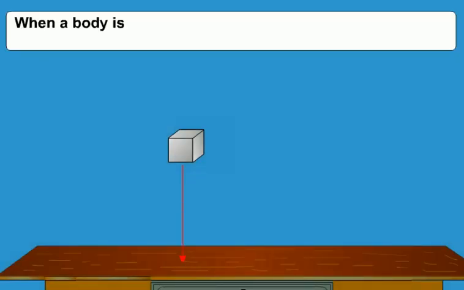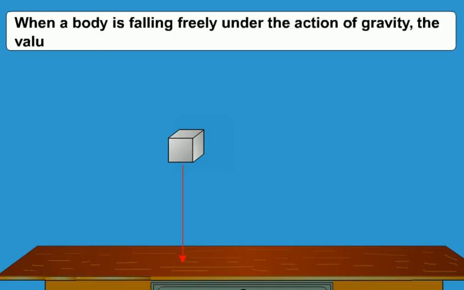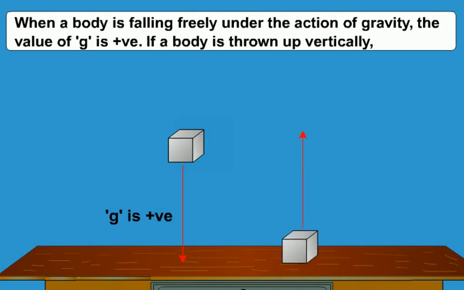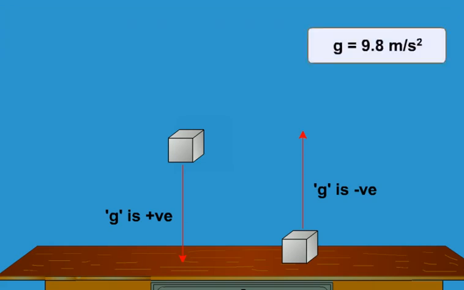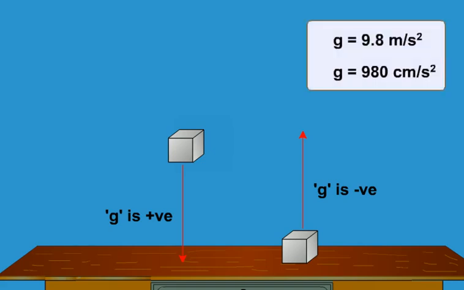Students, when a body is falling freely under the action of gravity, the value of g is positive. If a body is thrown up vertically, g is negative. g is equal to 9.8 meter per second square, or for a body falling freely under the action of gravity, the value of g is equal to 980 centimeter per second square.